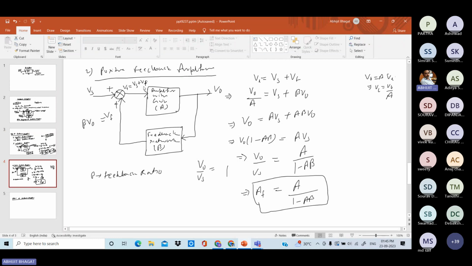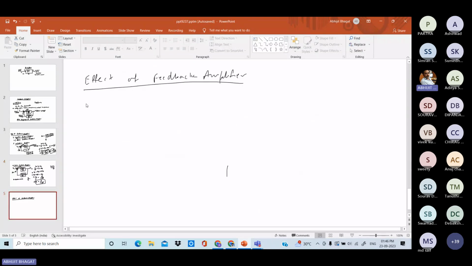So A into Vs. But when you use the feedback, input going to the amplifier is Vs plus Vf. Means here your V0 equal to A into Vs plus Vf. Means output voltage is increased if you are using the positive feedback. Okay. So this is the effect of the feedback.